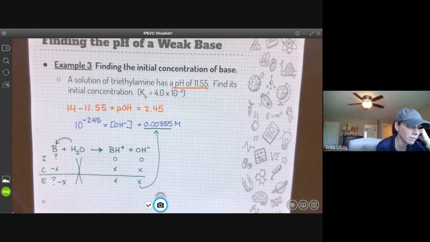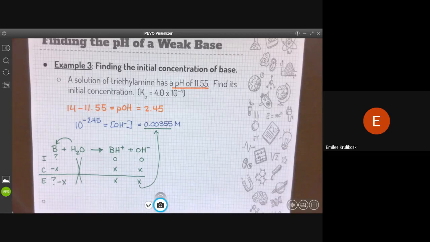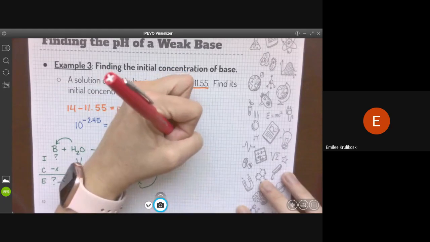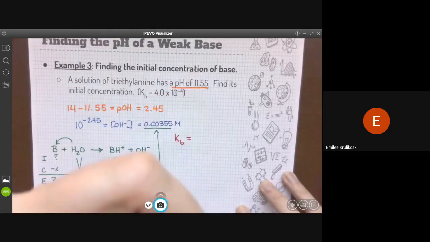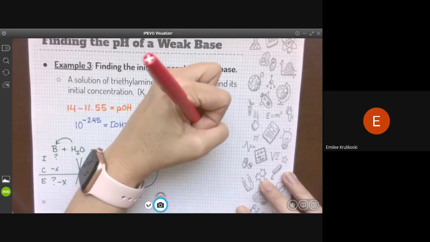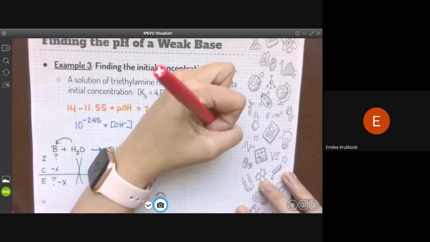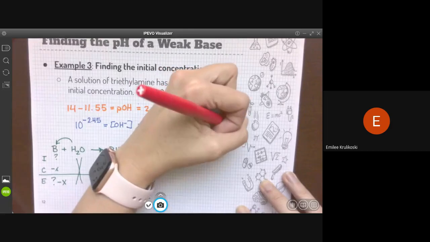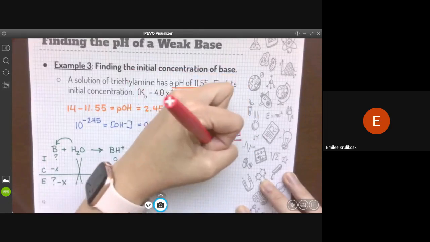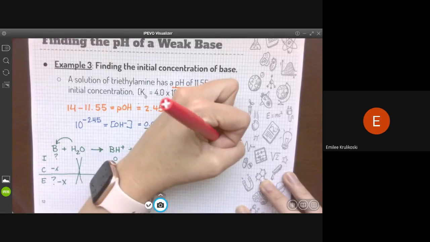Okay, so the next thing we're going to do is set up an equilibrium expression. Emily Krulikowski, what is that going to look like? That would be Kb equals the concentration of BH plus times the concentration of OH negative, all over B. Perfect.